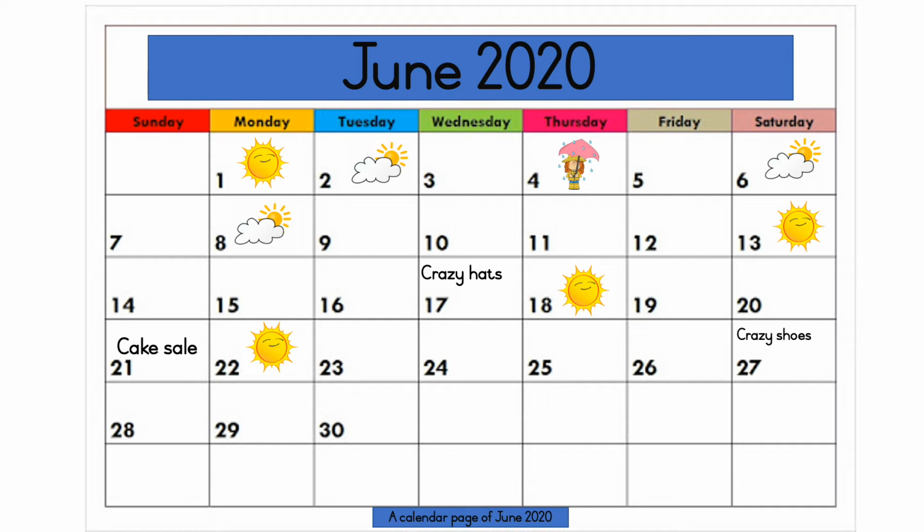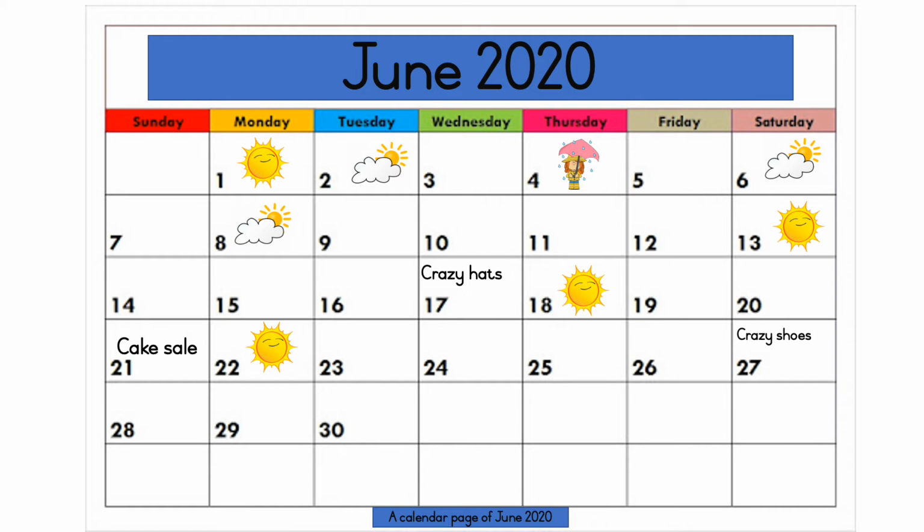After that, I shall start teaching them how to use the calendar with all the information on it. And I normally start with the weather. So on this calendar, I have put some suns on and clouds, as well as one rainy picture. And then I shall tell them, right, let's see quickly our rainy picture.